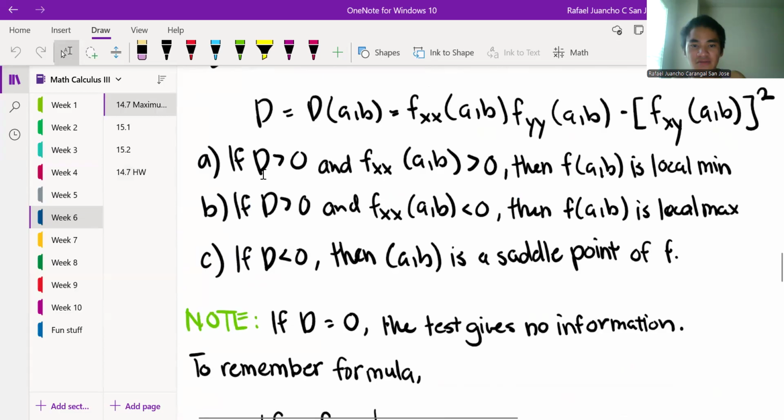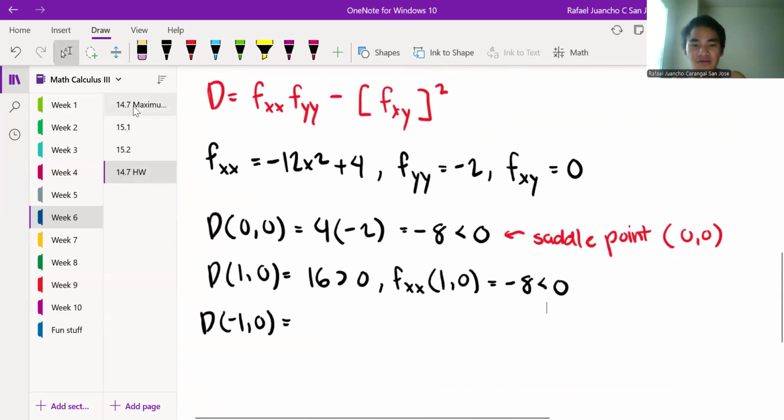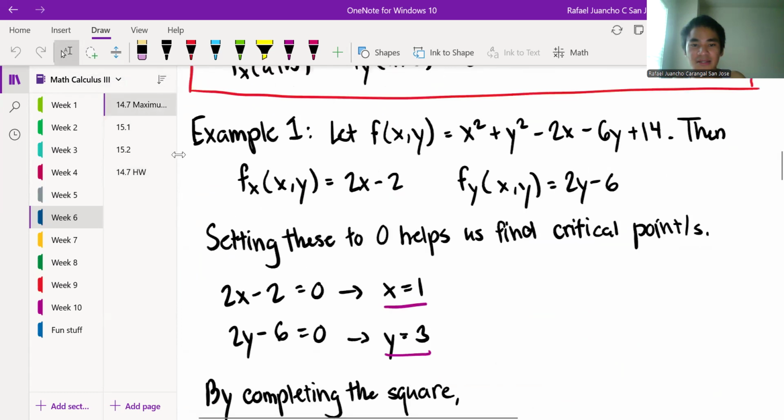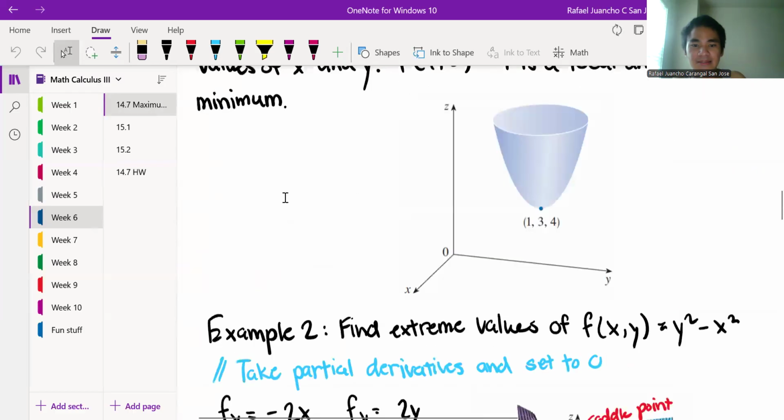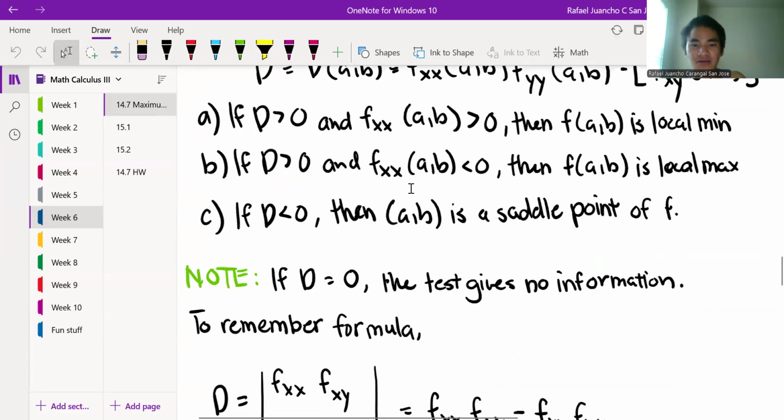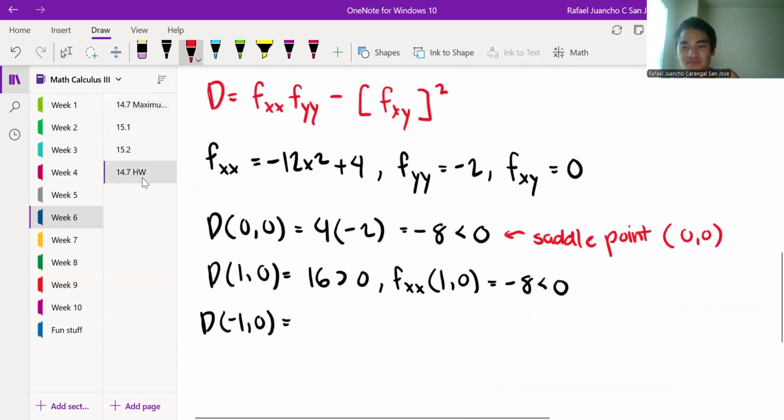So the formula tells me I get something greater, but my f sub xx tells me I get something less. If I get something less, I have a local maximum. That's what I have.